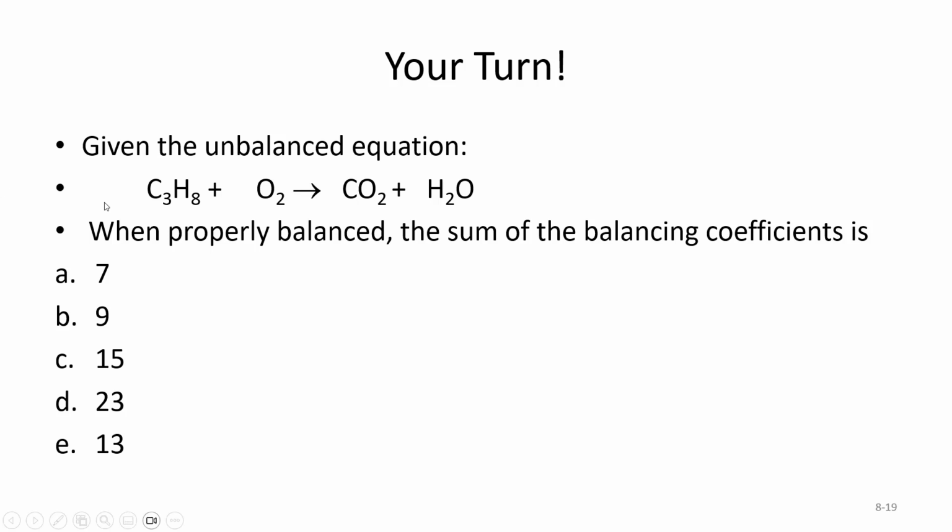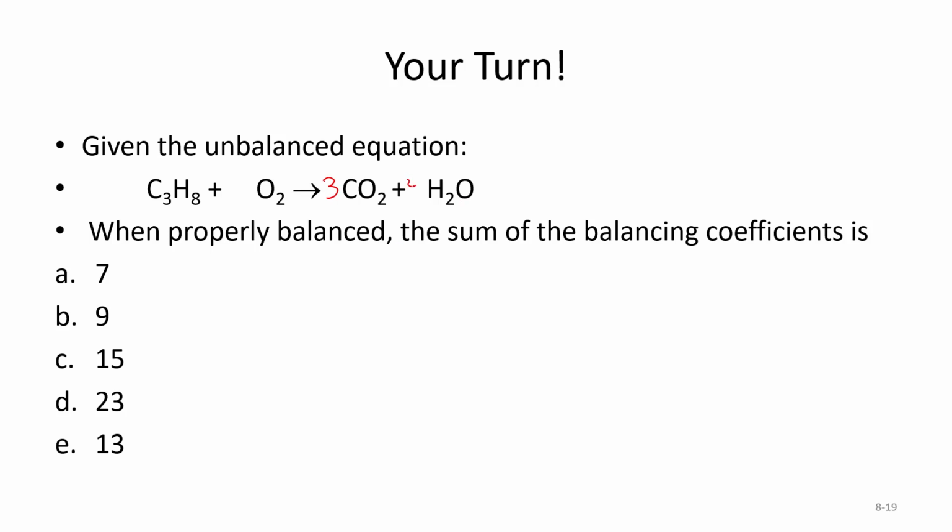Another example. So given the unbalanced equation, when properly balanced, what is the sum of the balancing coefficient? So we have 3 carbon here and only 1 over here. So we're going to have to put a number 3 here. We have 8 hydrogen over there and 2 hydrogen over here.